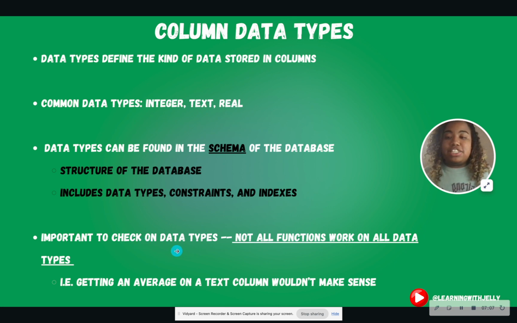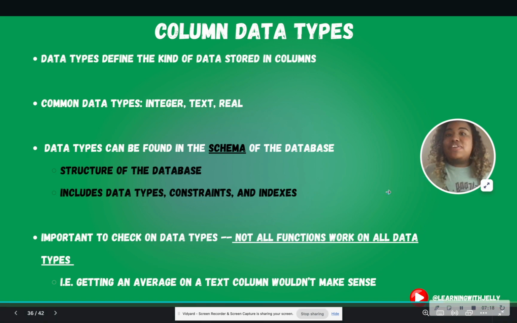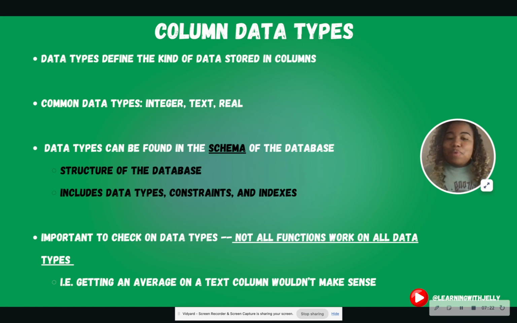So it's important to check on data types because not all functions in SQL work on all data types. So for instance, there's no need for me to get an average of an email address column. What is the average email? That wouldn't make any sense. It wouldn't make any sense if I'm trying to get the average age, but age on the back end is actually stored as text.